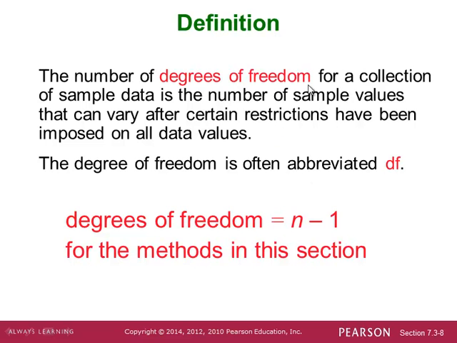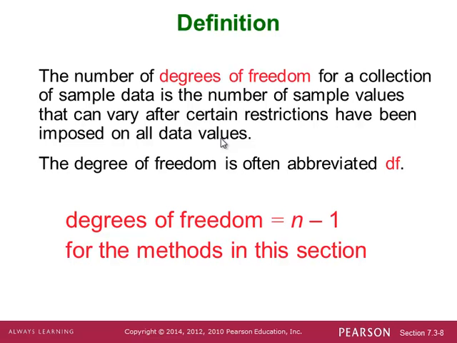Well, the number of degrees of freedom for a collection of sample data is the number of sample values that can vary after certain restrictions have been imposed on all data values. Because we have x bar and s in our calculation for the t-value, that's why we have n minus 1.